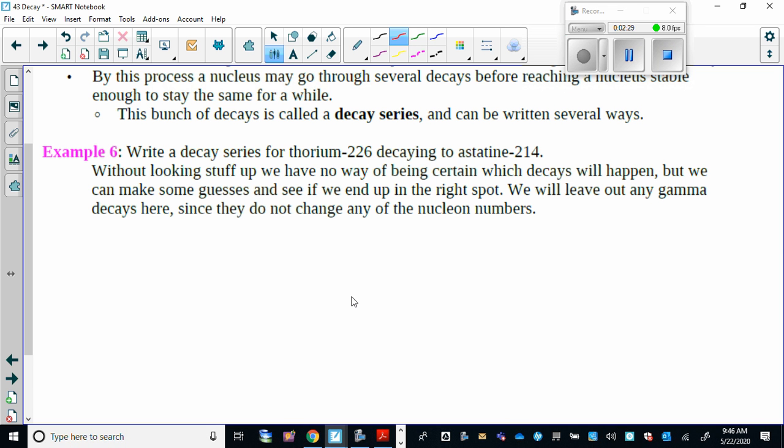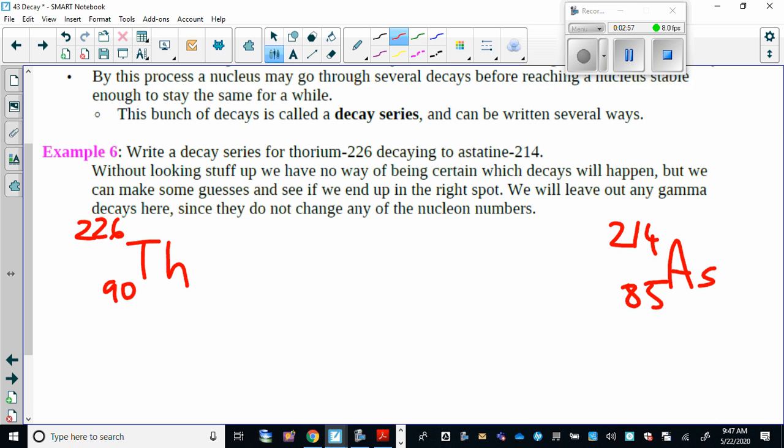So we're starting with thorium-226, and we know thorium has an atomic number of 90. We're trying to get to astatine-214, which has an atomic number of 85. So that's where we're trying to get.